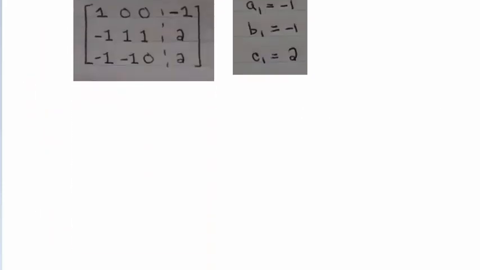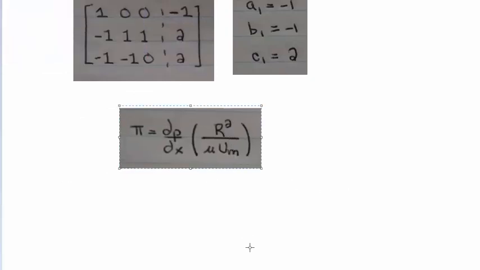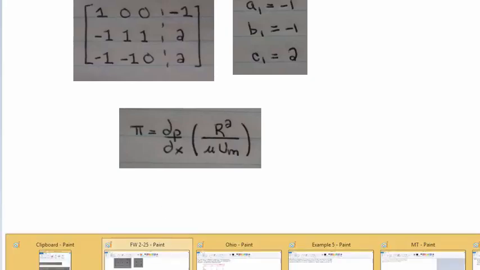So once we have these exponents, we could simply write our pi group out like this. Okay, and remember, the pi group in itself is just a constant. So if we say that it's a constant k, then we could do this.